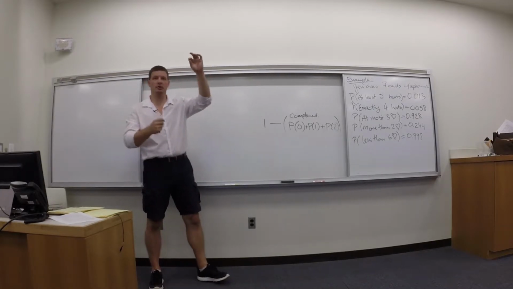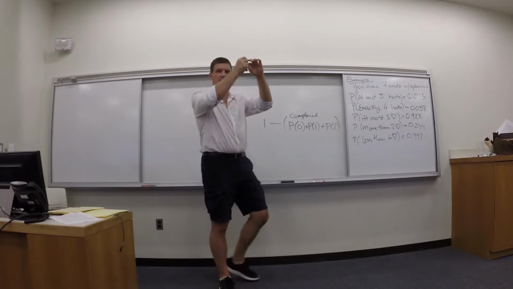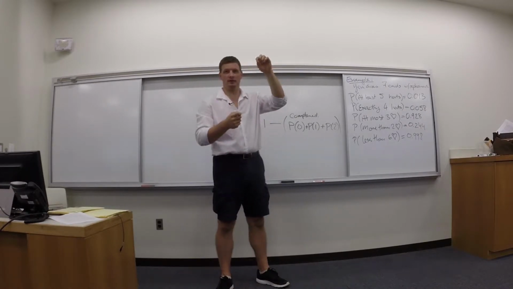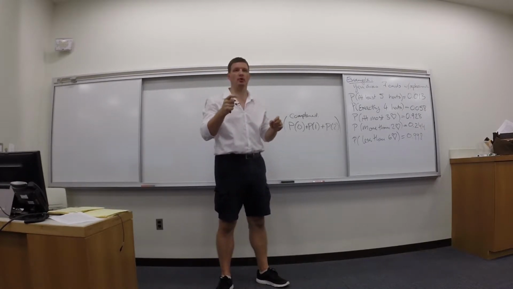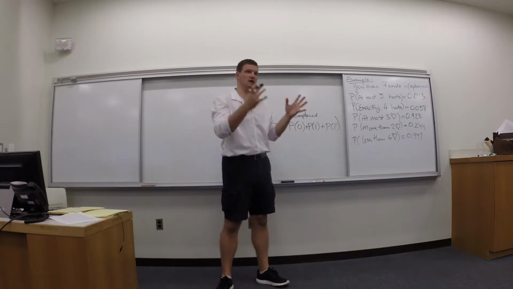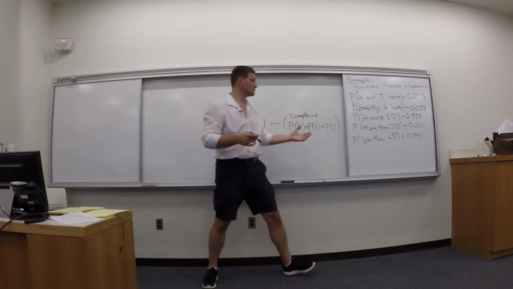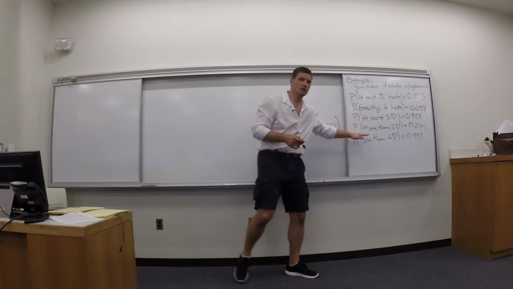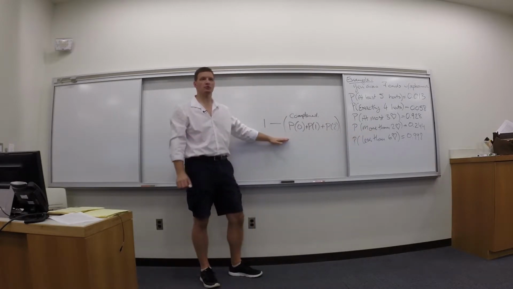If you add all the probabilities from 0 to 7 together, they should come up to 1. In some cases, they will come up to 0.999 because they are rounded, but they should come up to 1. So you can approach it forward, or you can approach it backwards.